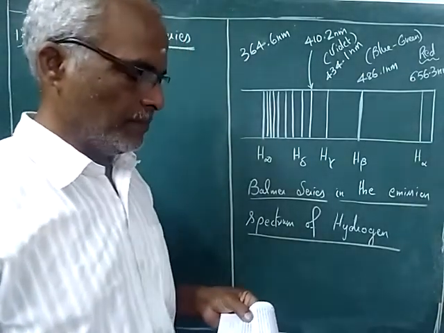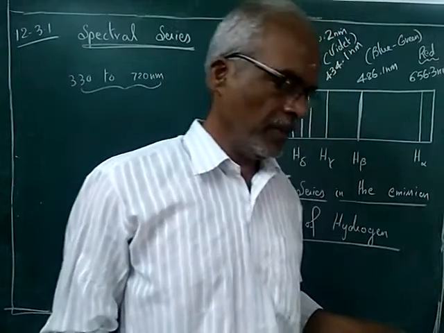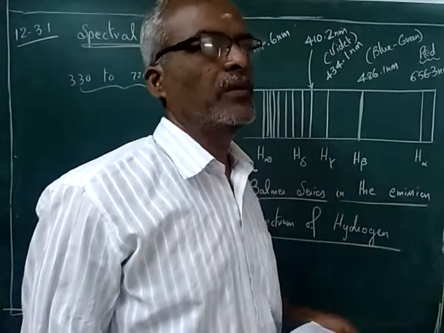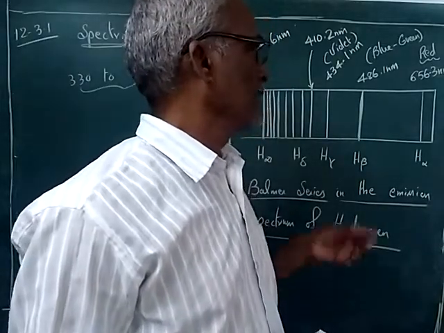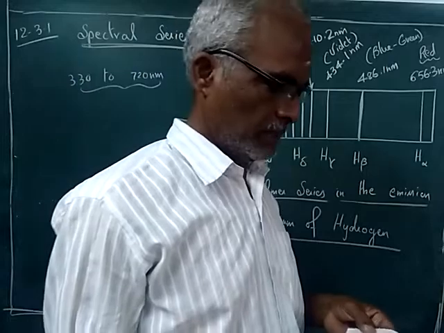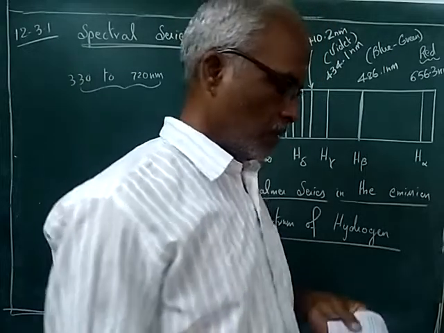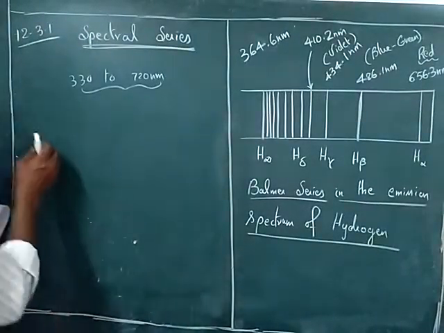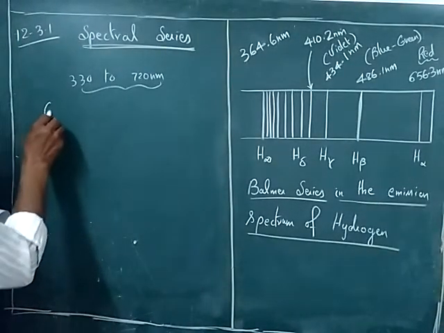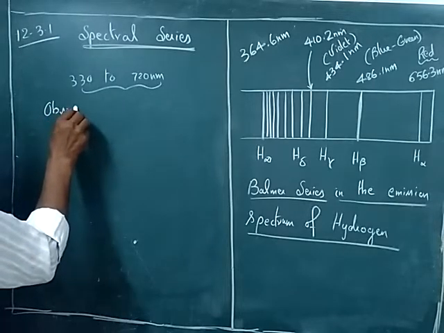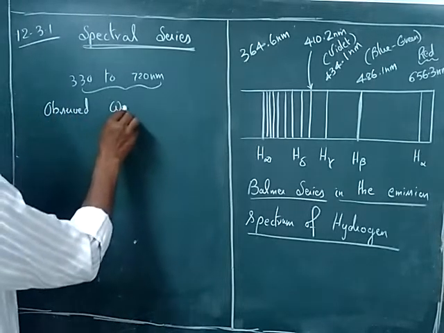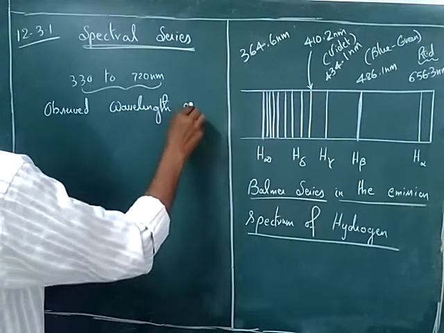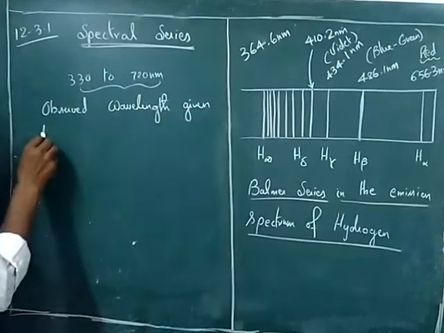Balmer found a simple empirical formula for the observed wavelengths. So he has given us an empirical formula that gives an idea about the wavelengths. So the observed wavelength given by Balmer.